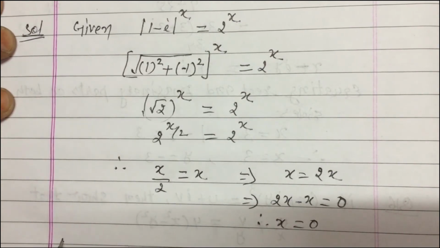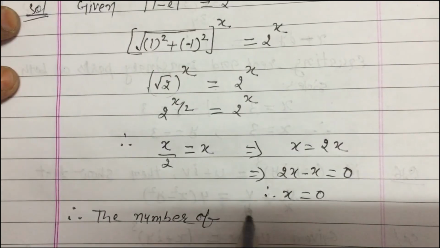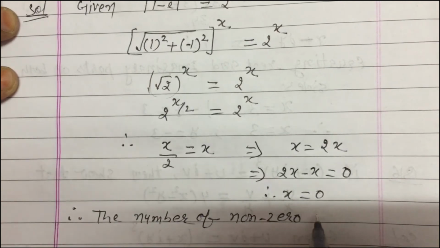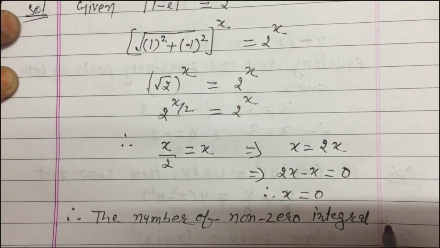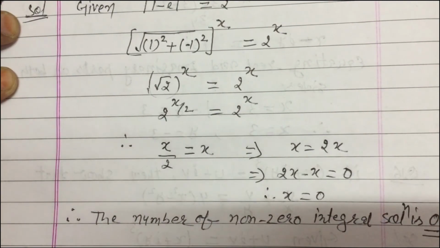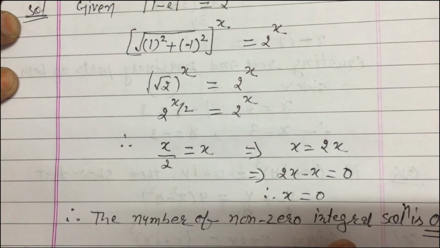So the number of non-zero integral solutions is 0. It means there is no non-zero integral solution of this equation.